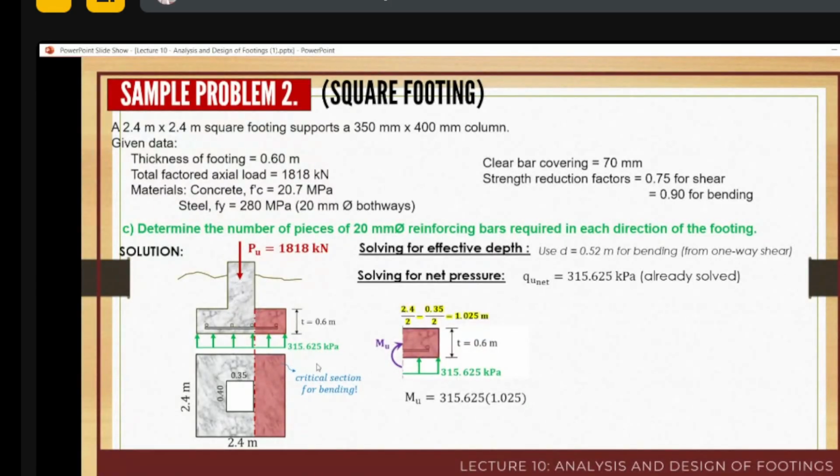Okay. From the face we have there, so you have your Mu as equals to 1.025 times 2.4 times 1.025 over 2. So you'll have now your ultimate moment for bending 397.92 kilonewton meter. Okay.